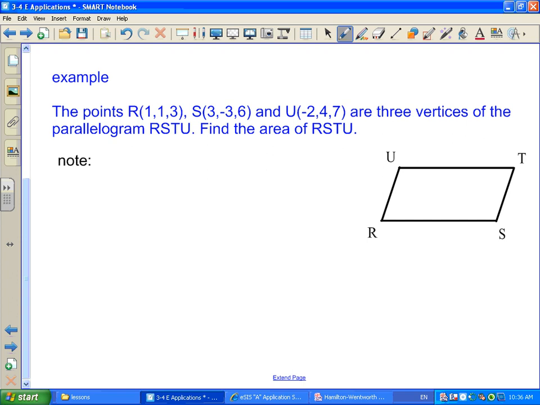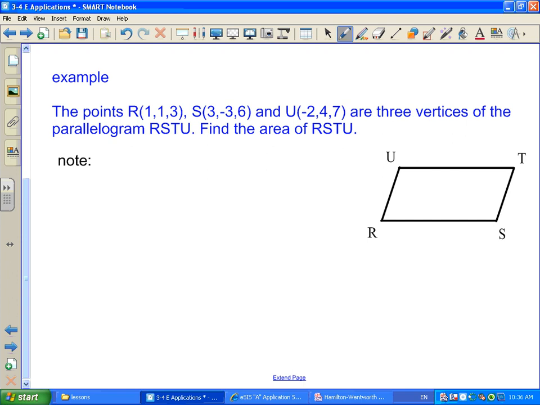Now, I put a little note here, which suggests I'm supposed to remind you of something important. It's always a good idea to sketch your parallelogram RSTU, and when they label the points, they always get labeled in alphabetical order going around the outside of the parallelogram, either clockwise or counterclockwise.